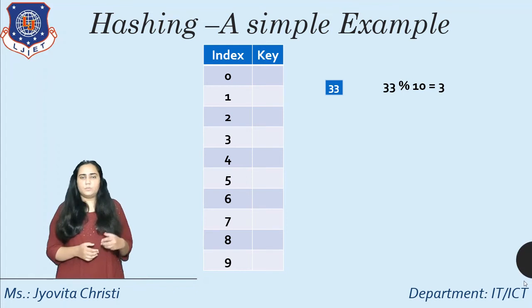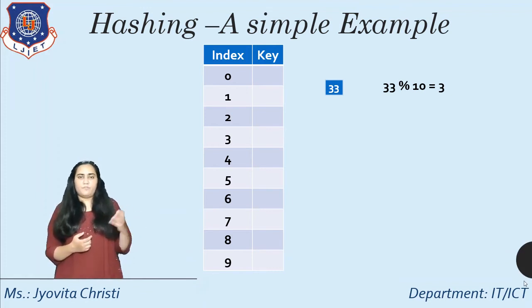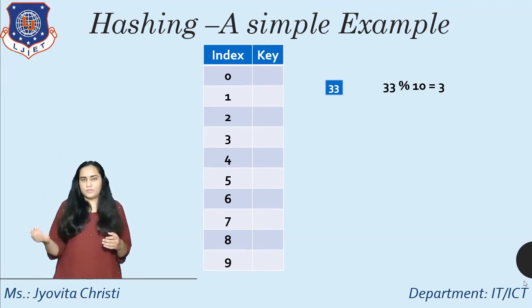And if you don't know what modulo is, this division function that I told you about is called modulo. So I'll just give you a brief idea. A modulo function basically divides the number provided and instead of returning to you the quotient, it returns to you the remainder. So that's what the modulo function does, and that's the function I'm going to use.